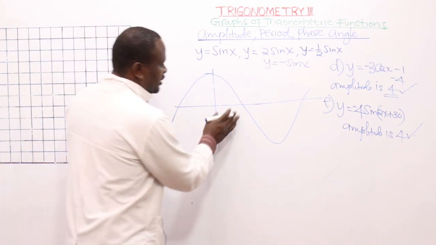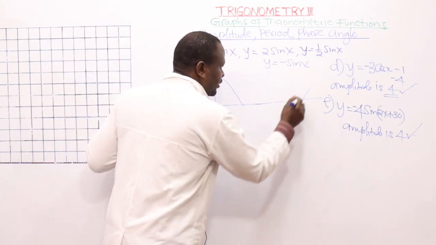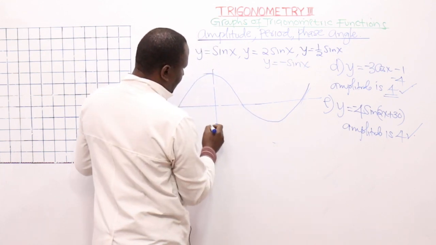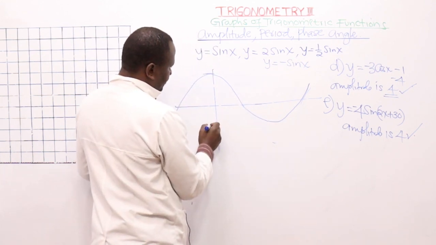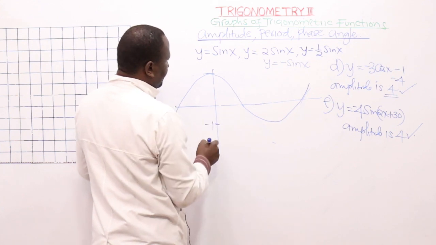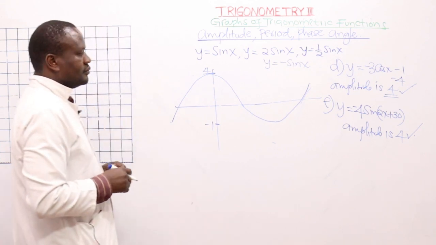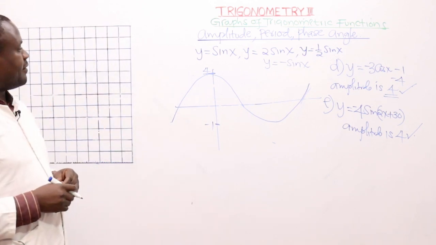But there are situations that are interesting. For example, if you have drawn your graph, and somehow the highest value here is negative 1, and here it is 4. The amplitude is the average.